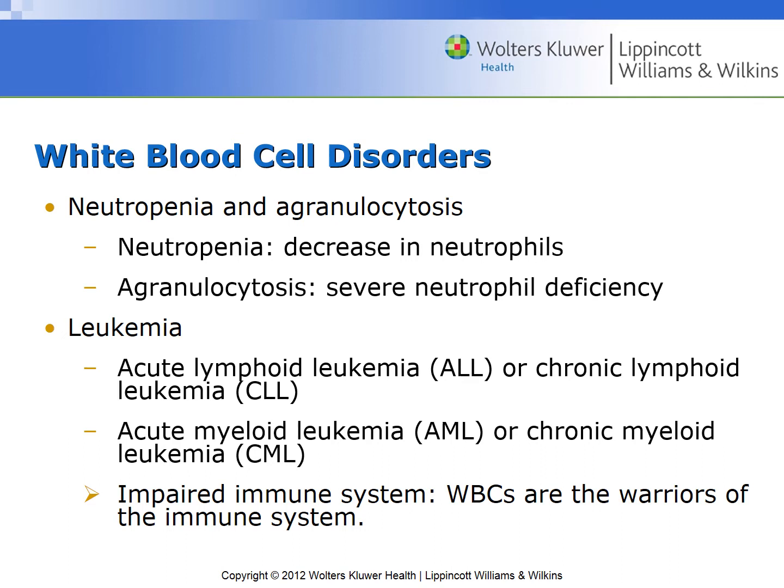Okay? So, ALL would affect the B's and T's. AML could affect reds, whites, and thrombocytes. All three.